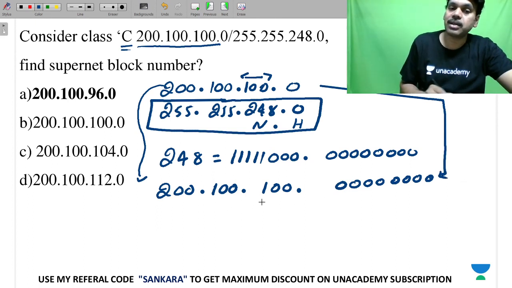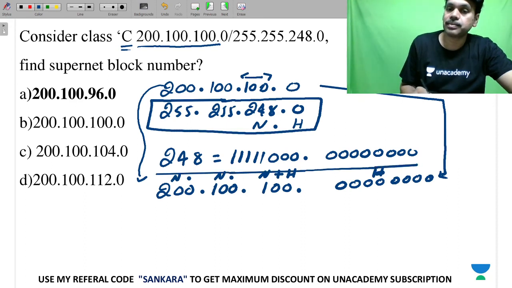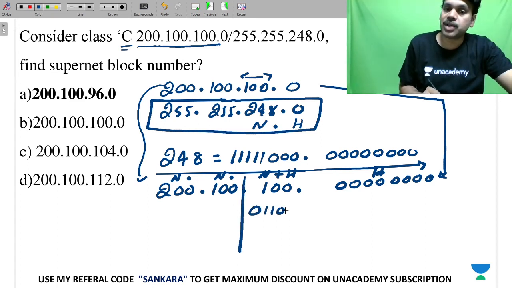This is N, this is N, and in this N and H are there, this is completely H only. So write 100 into binary: 0 1 1 0 0 1 0 0.